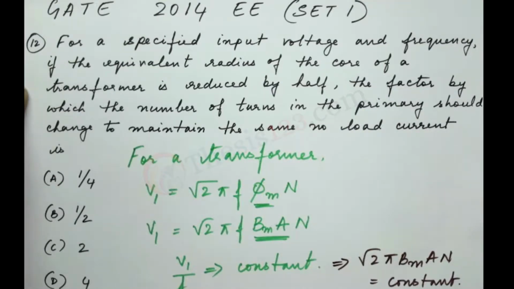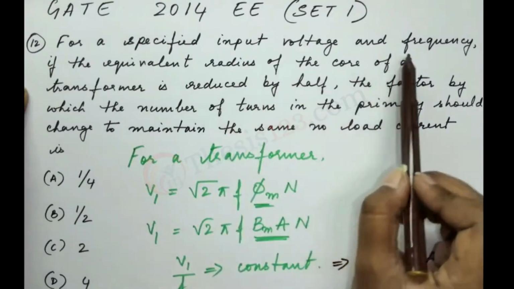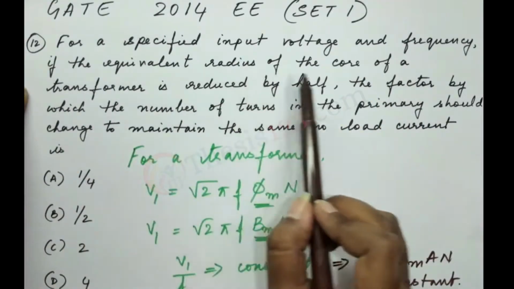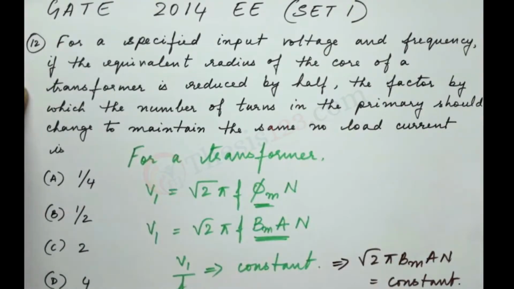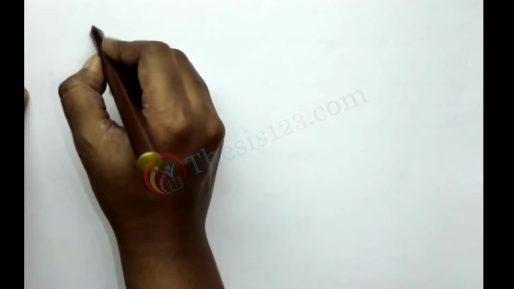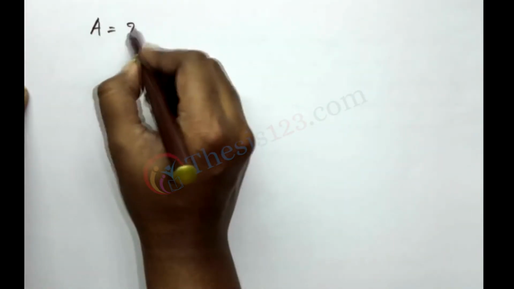Okay? So the next step is to analyze the area of the core, because the question says the equivalent radius of the core of a transformer is reduced by half. So first let's write down what the area of the core would give us. The area A can be written as 2 pi RL.